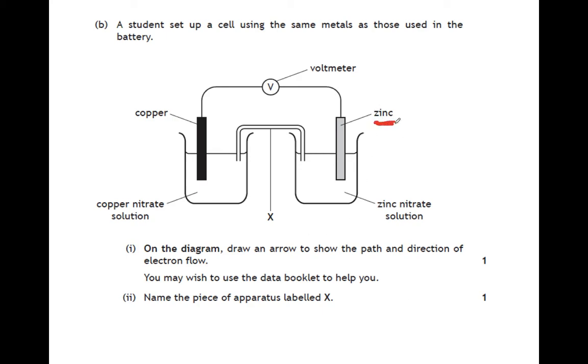In this case, zinc is the metal higher on your series, so electrons will flow up and over to the copper electrode. Name the piece of apparatus labelled X. It is your ion bridge.